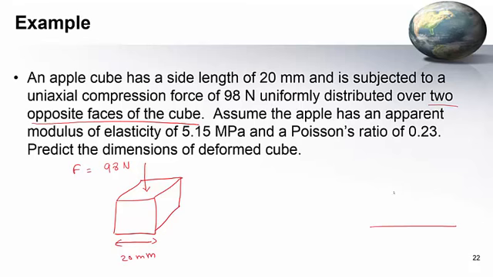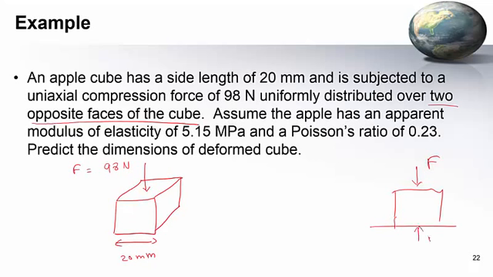When you apply a force in one direction, there is always a normal force acting upwards, the ground reaction force. That's why it's on both sides. So you can just take F as 98 newtons.